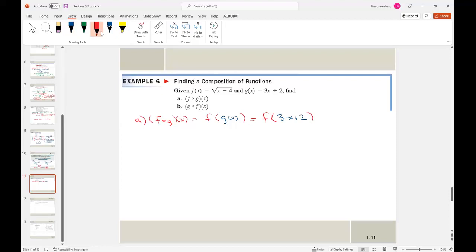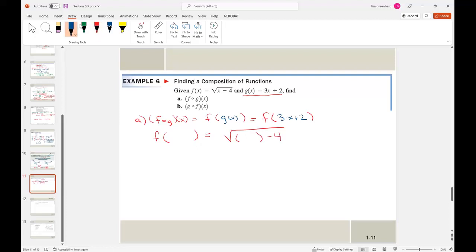Okay, so now I've plugged in my g of x function, and now I plug it into my f of x function. So f of something is equal to the square root of that thing minus 4.